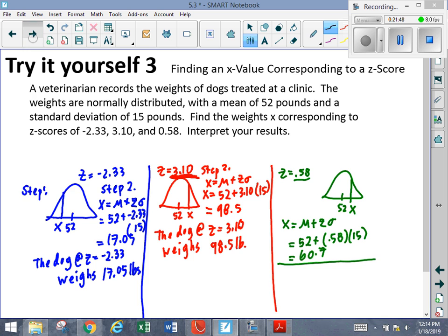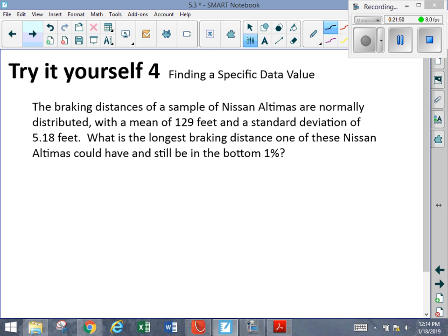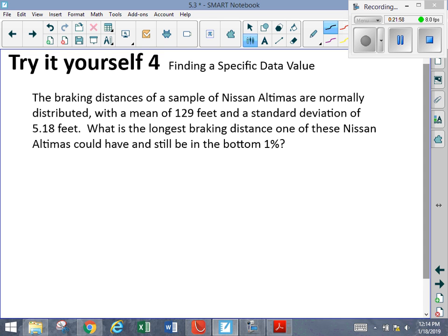And I went a little bit further with my interpretation than that. So, here we go. Braking distances of Nissan Altimas are normally distributed with a mean of 129 feet and a standard deviation of 5.18 feet.